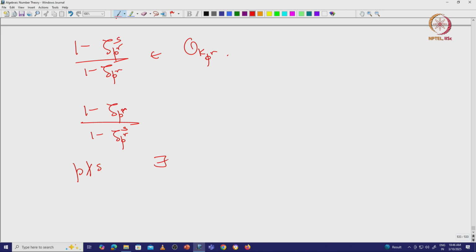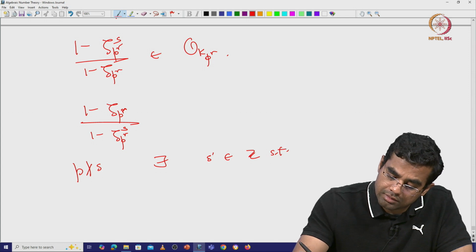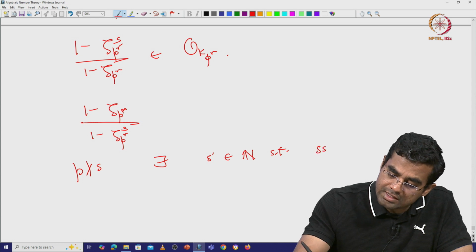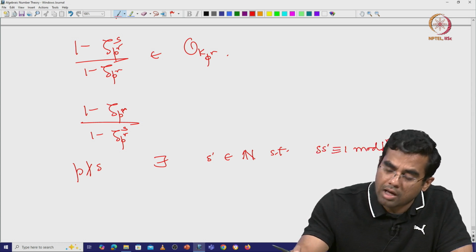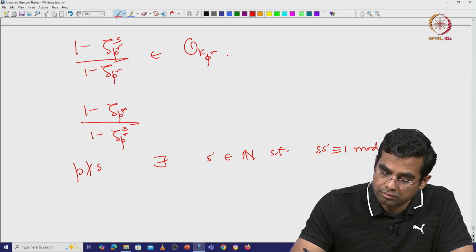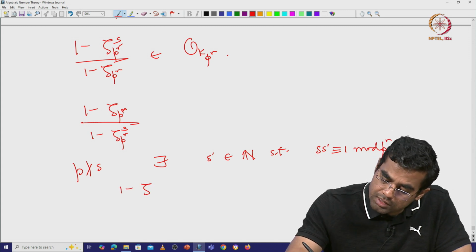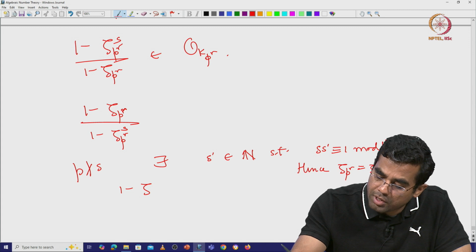So, there exists s prime in the natural numbers such that s s prime is congruent to 1 mod p to the r, and hence zeta_{p^r} is the same as zeta_{p^r} to the s s prime.